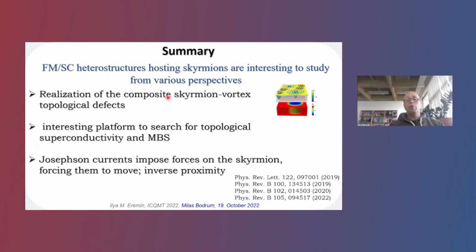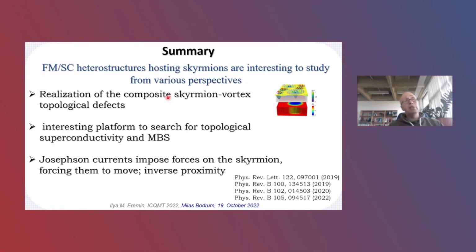There is always a problem, as you know, in putting the systems in contact with each other: superconductivity is easily suppressed by putting it in proximity to a magnet, and that's one of the reasons why you would actually like to avoid the strong proximity. So far, I'm not aware of a realization in the field of 2D materials.